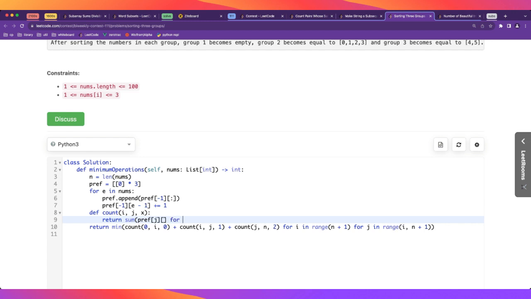So let's call this y in range 3 if x is different than y. And so here we want the difference between this and this, and this should do it.